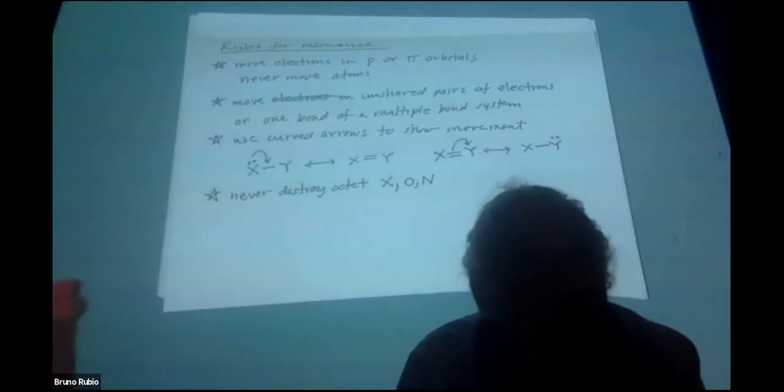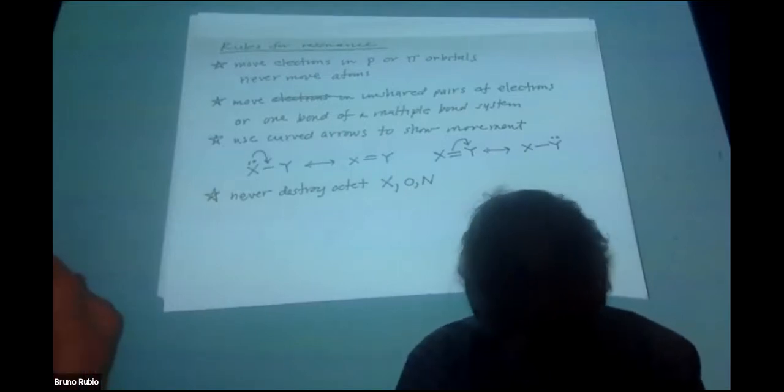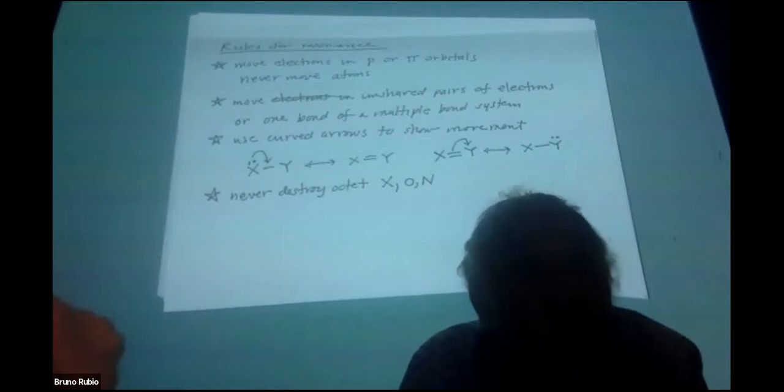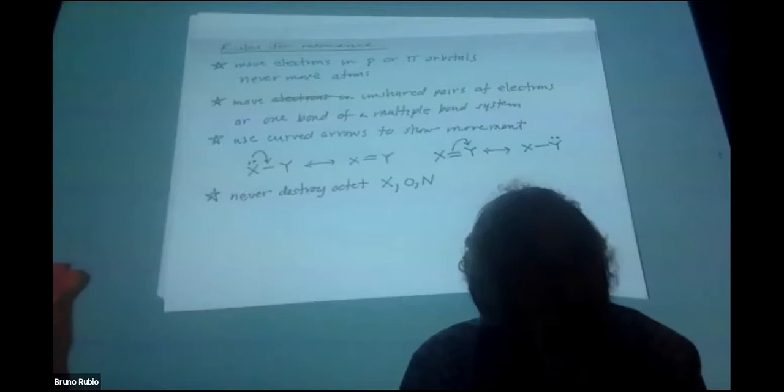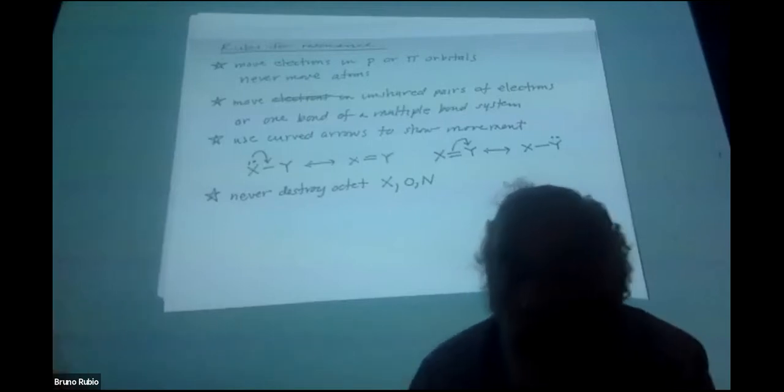An oxygen atom without an octet of electrons, that's okay if you're on the surface of the sun, right? But down here on planet Earth with the rest of us, oxygen is simply too electronegative to lose its octet.